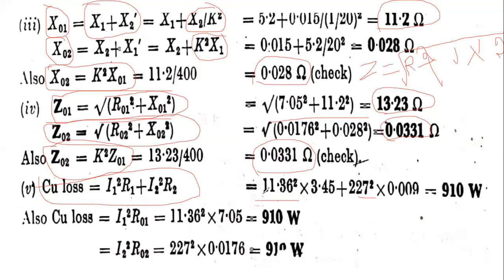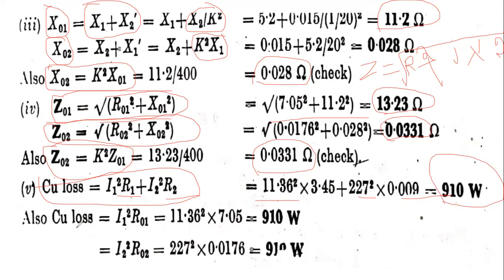The I1 value is 11.36 whole square into R1, where R1 is the resistance referred to primary, and R2 is the resistance referred to secondary, that is 0.09, which is given in the question. Then we easily calculate the copper losses, that is 910 watts.